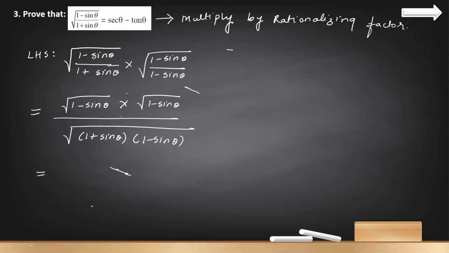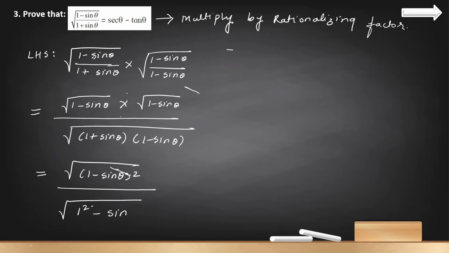So the numerator will be under root of (1 minus sine theta) whole square. And if you observe the denominator, it is (a plus b) and (a minus b), so we can directly apply the identity a square minus b square. So this will be 1 square minus sine square theta.